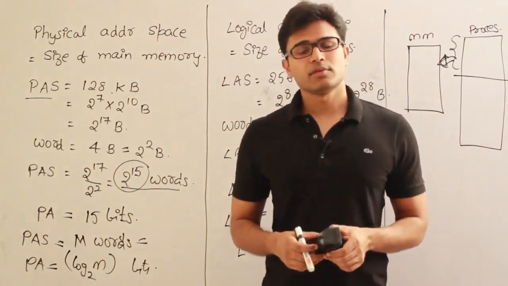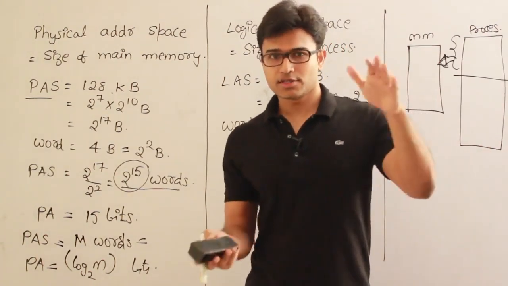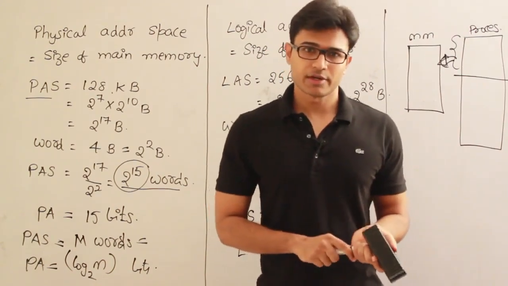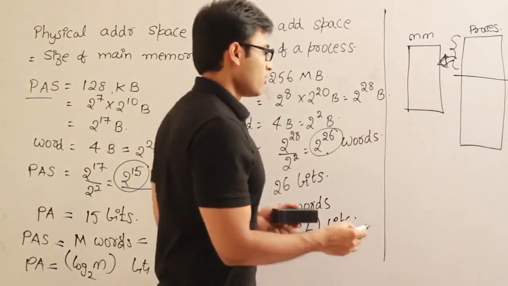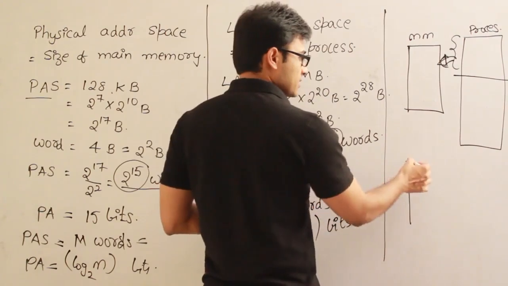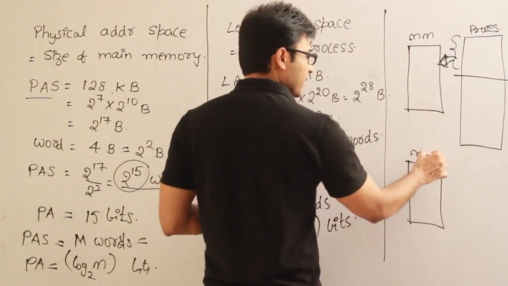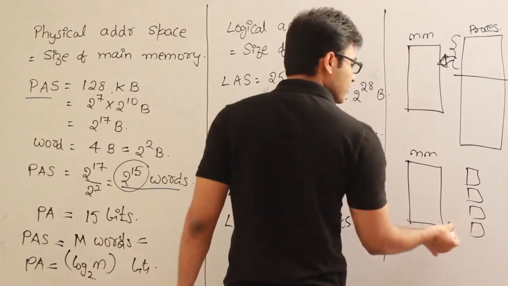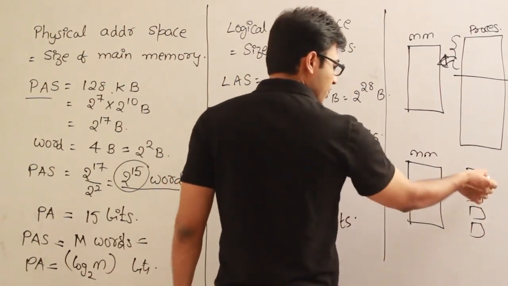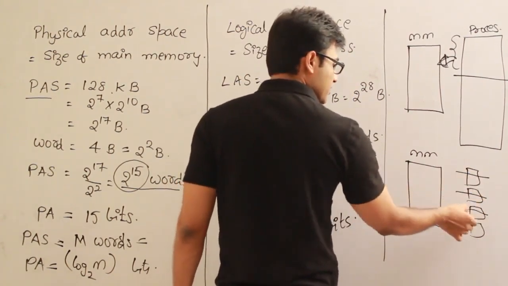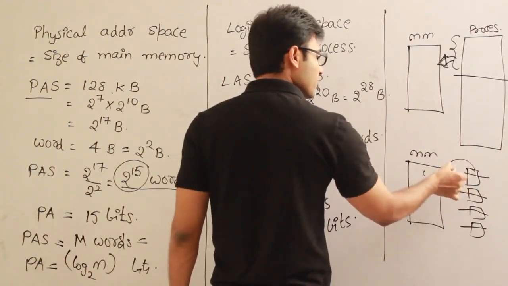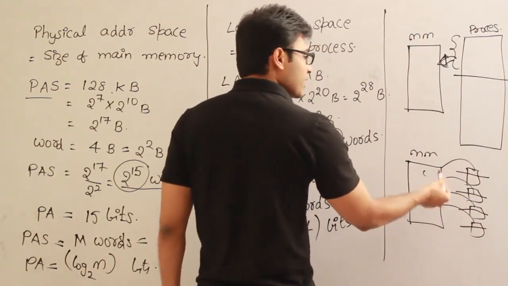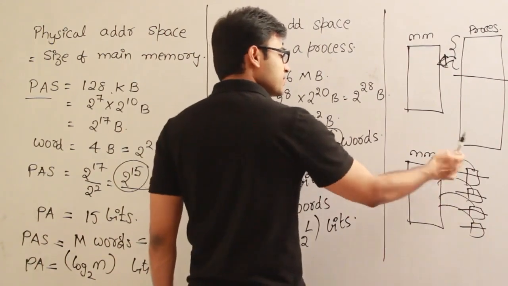Main memories are now larger than the process sizes, but still the virtual memory concept is implemented. Why? Let us say this is main memory and these are the processes. Even though a process's size is less than the main memory size, we still load only a part of each process into the main memory at any point of time, because by doing this we can have as many processes as possible inside the main memory.